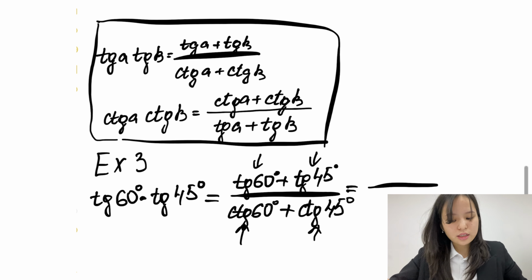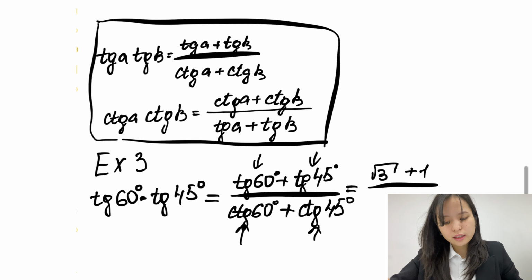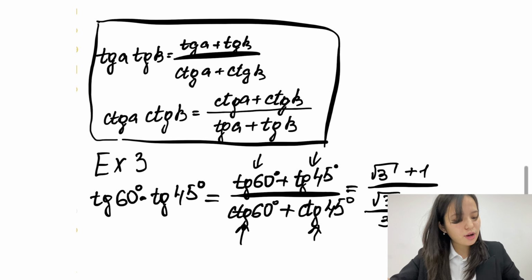Tangent 60 degrees is equal to root of 3, tangent 45 degrees is 1, plus 3. The cotangent 60 degrees is equal to root of 3 divided by 3, plus 1. You can simplify this example yourself and it will be equal to root of 3.